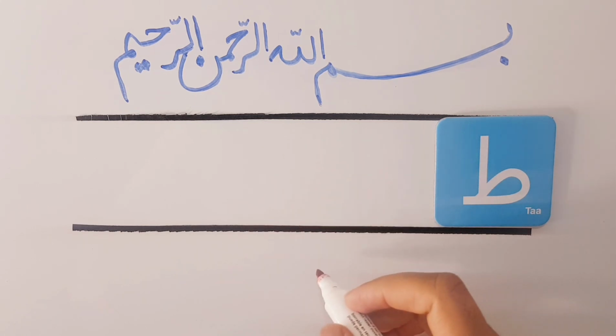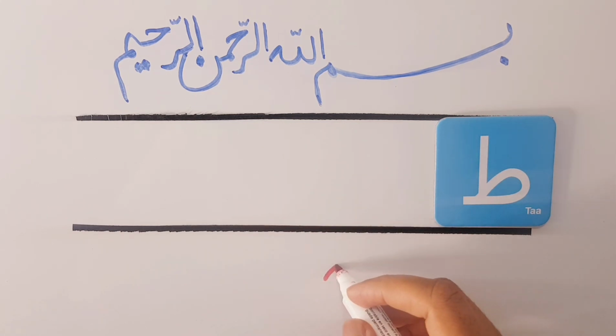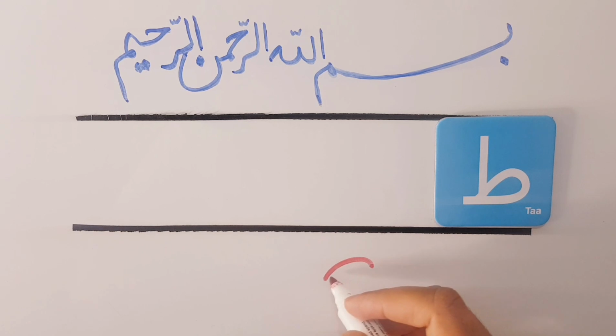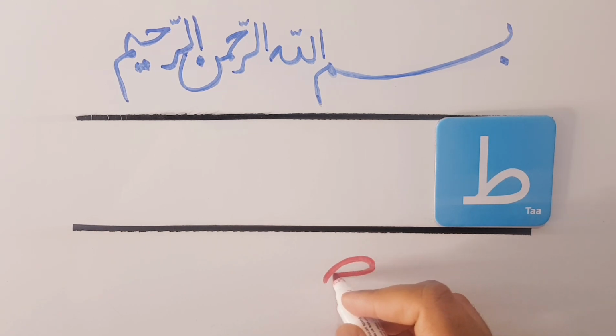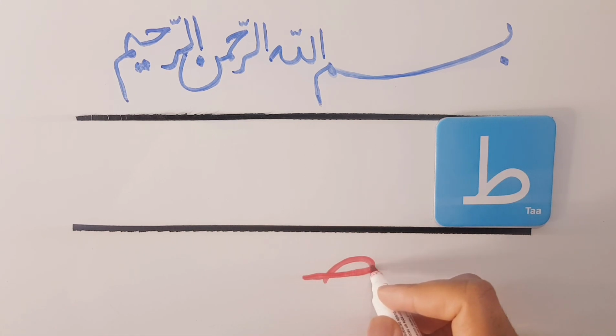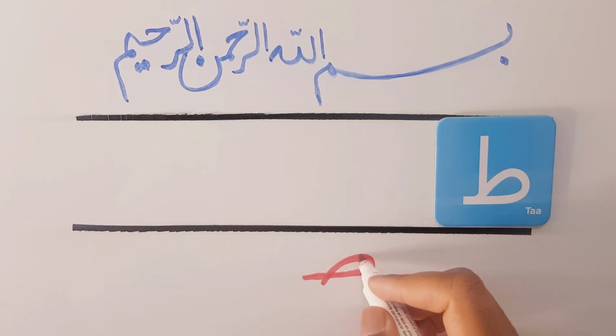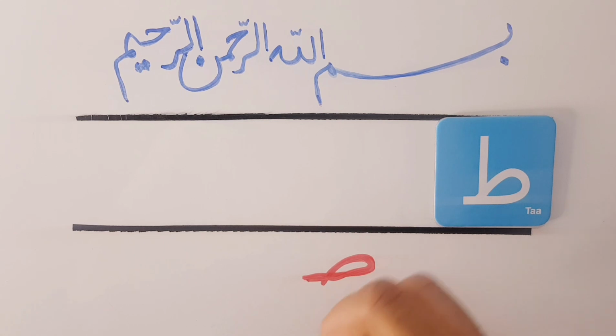Step number 1 is going to be similar to step number 1 in Sad and Dad. But the difference here is this extending line that comes out from the bottom, we're going to take this off. That's one difference.